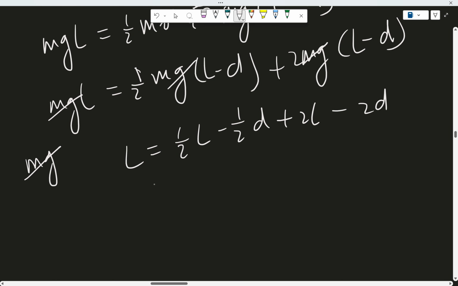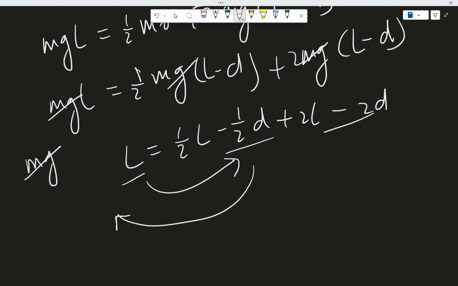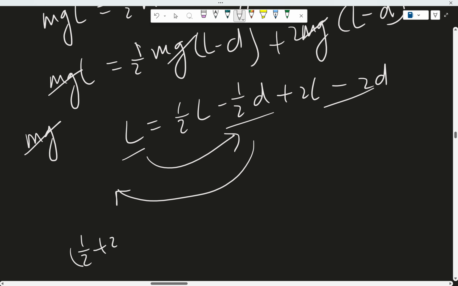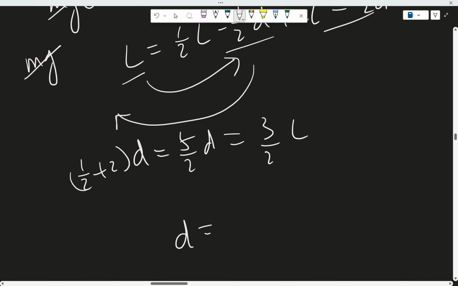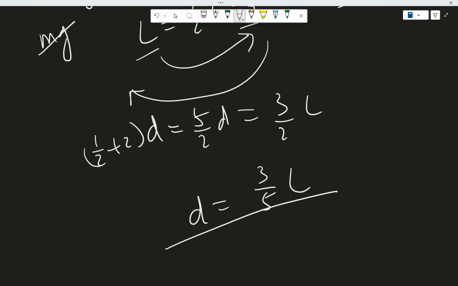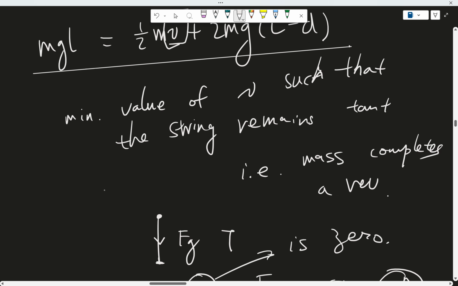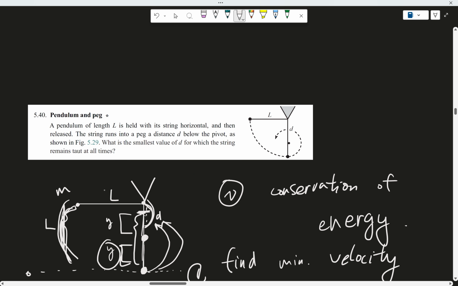And so if we move the L terms to one side and the d terms to this side, we get half plus 2, which is 5 over 2, times d, equals, so this side becomes 3 over 2 L. And so then d equals 3 over 5 L. And so that is the minimum value of d when v is the minimum. And so this is our answer to exercise 5.40. Thank you for watching.